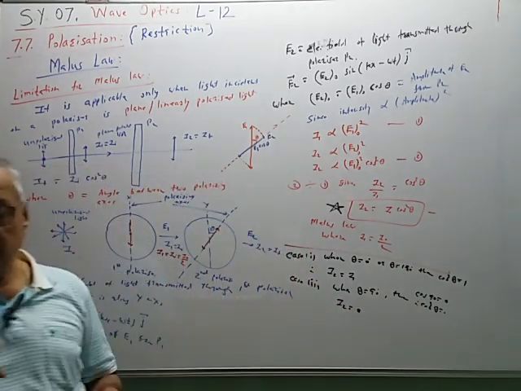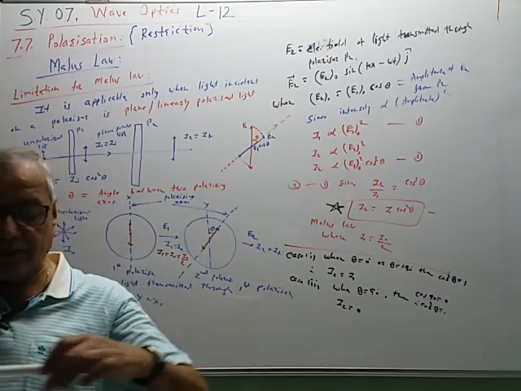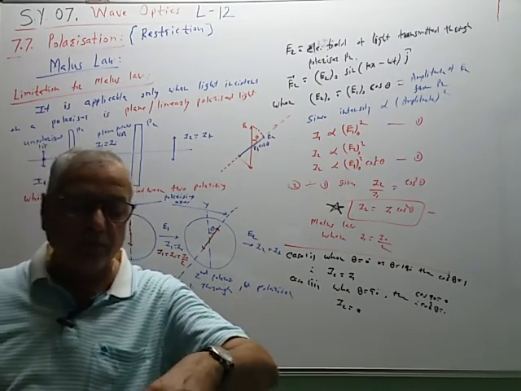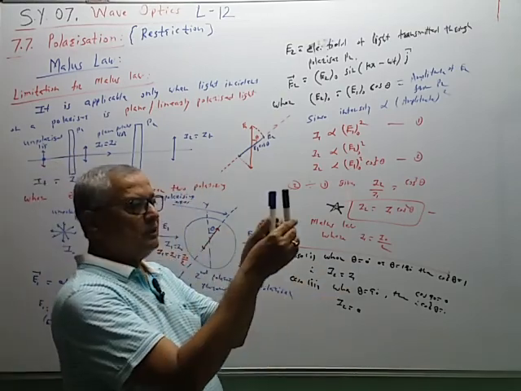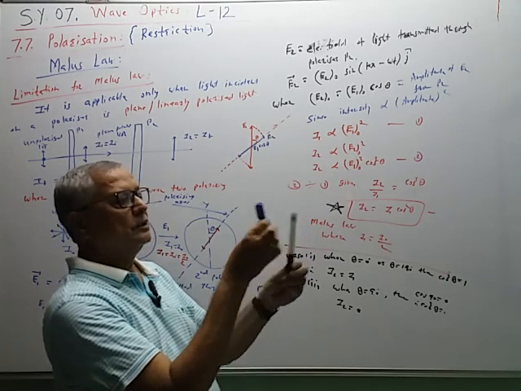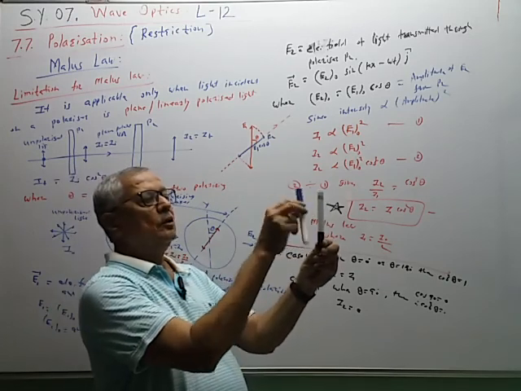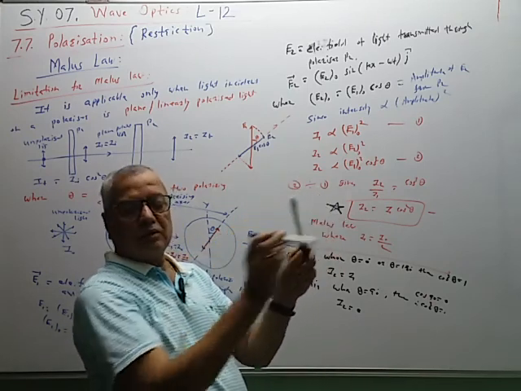So we can control the intensity like this. There is no intensity of light. So what is the result? When theta is 0 or 180 degree, the two axes are parallel or anti-parallel, and theta equal to 90 degree means they are perpendicular.